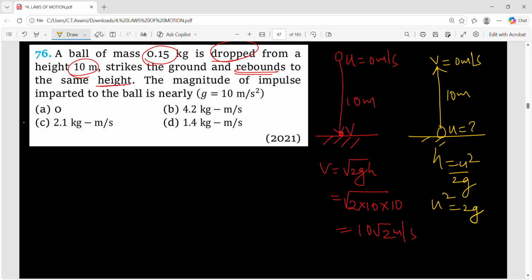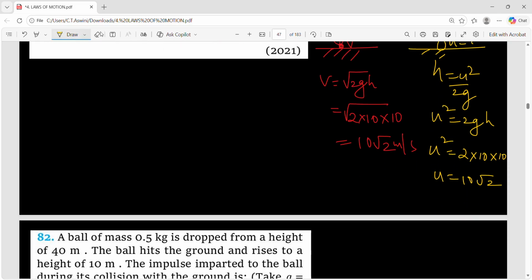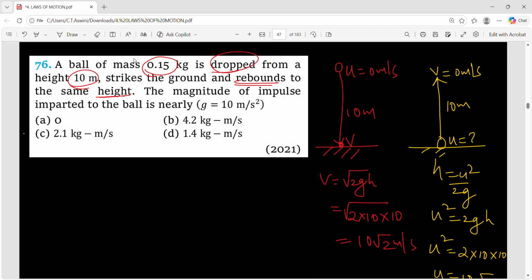Use this formula, h is equal to u square by 2g. So u square is equal to 2gh, 2 into 10 into 10. So what is the u value now? It is again 10 root 2. So when the ball is rebounding, its initial velocity is again 10 root 2 meter per second.